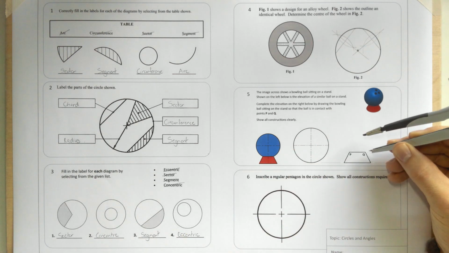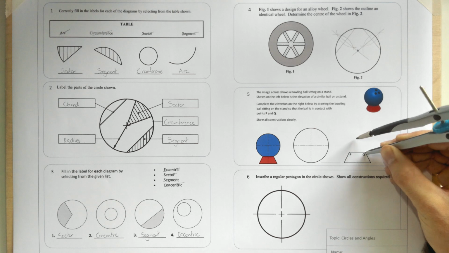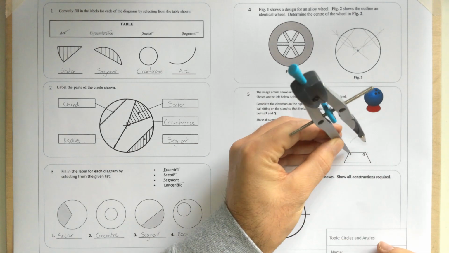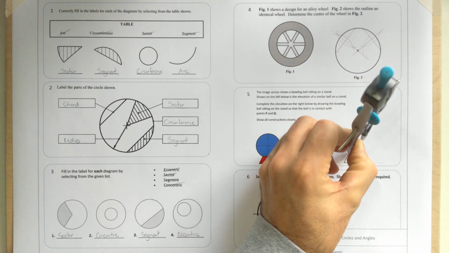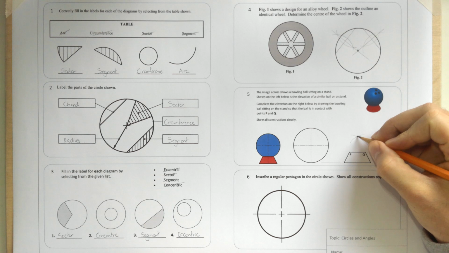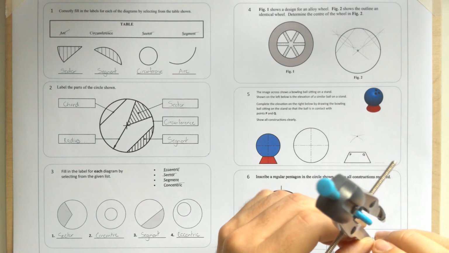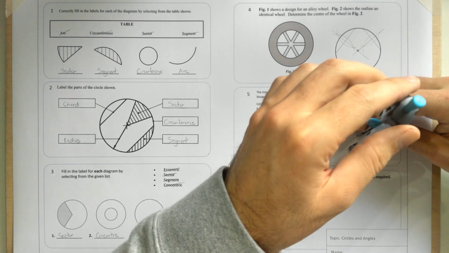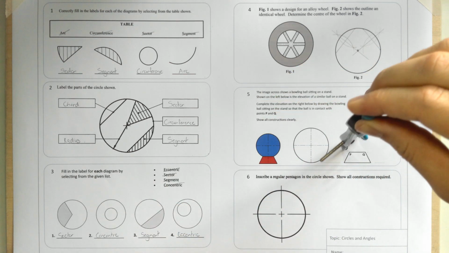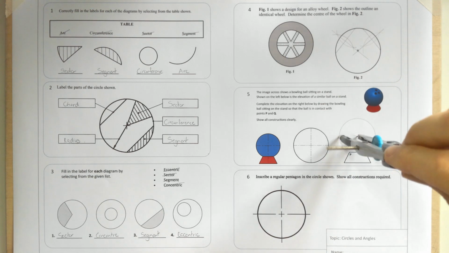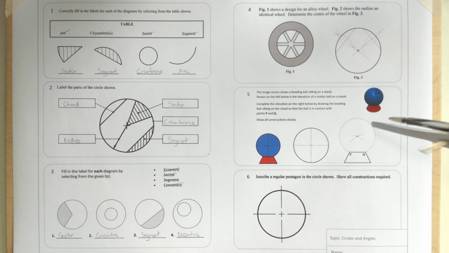So with the radius set on the compass, go back over to Q, scribe an arc, move the compass over to P, scribe an arc, and where those 2 arcs cross must be the center point of the bowling ball when it's sitting on top of the stand, just touching point P and point Q. So it should draw in now where it's just touching P and Q on the top. Okay, that's question 5 finished.